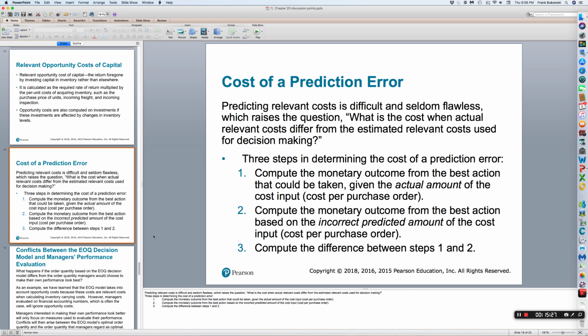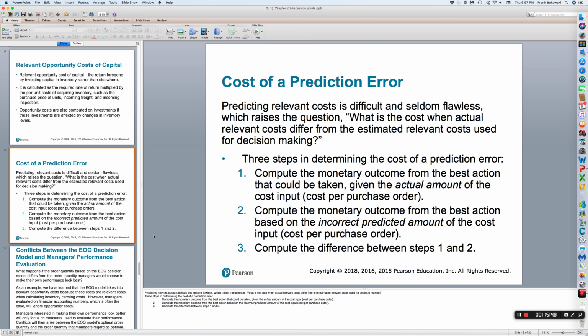Okay, cost of a prediction error. Predicting relevant costs is difficult. It's more of an art than a science. So the question that's raised is, what is the cost when actual relevant costs differ from the estimated relevant costs that we use for decision making? Well, there are 3 steps in determining what the cost of a prediction error is.